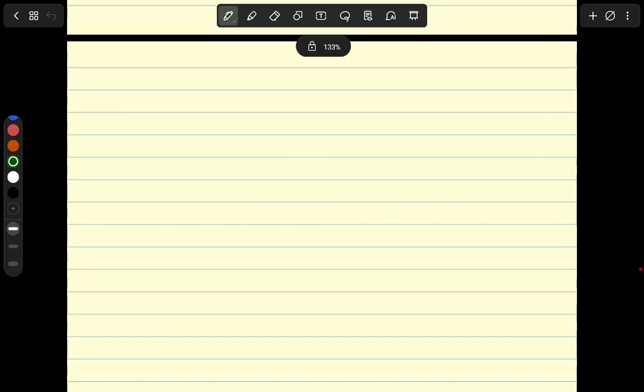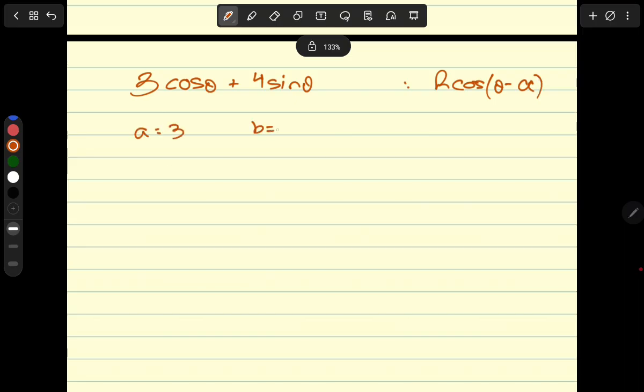Now let me write down 3 cos theta plus 4 sine theta and express it in the form r cos theta minus alpha. So first of all, a is 3, b is 4. Therefore, r is equal to the square root of 3 square plus 4 square, which is just 5. Okay.